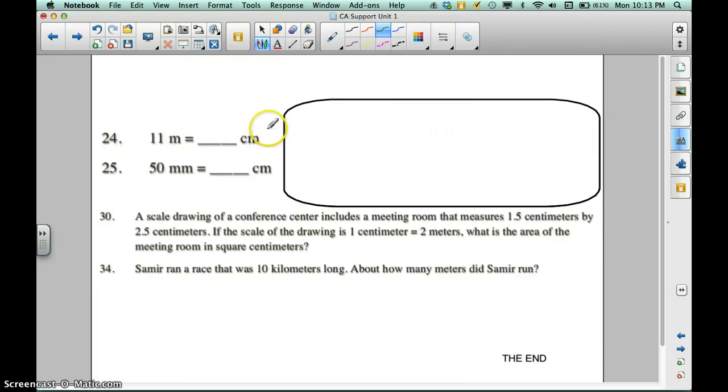If you don't have that chart in front of you, you can reproduce it by going through the mnemonic. Just write the first letter of each word. King Henry dies unexpectedly drinking chocolate milk. There's all of your prefixes, the first letter in each prefix. So again, take a look. I'm going from meters to centimeters.